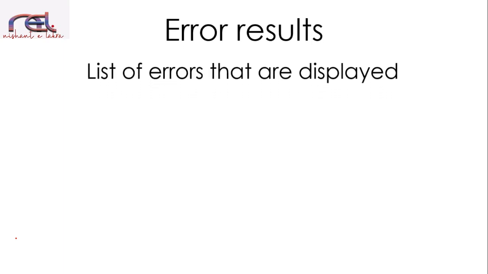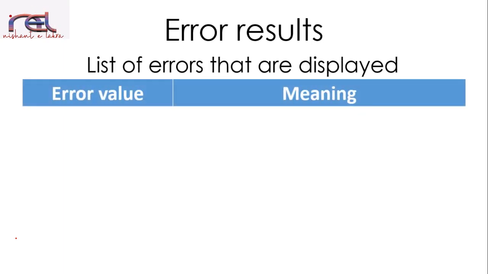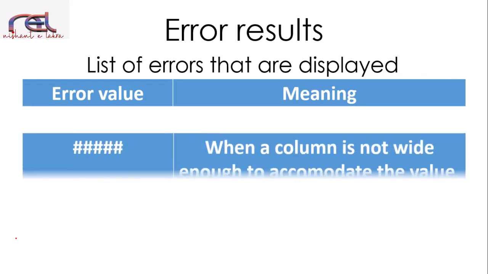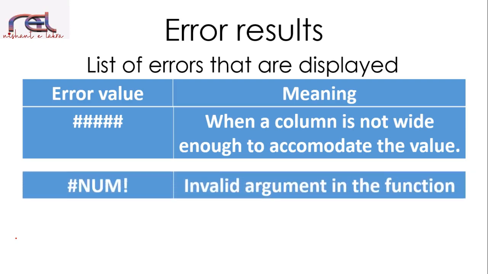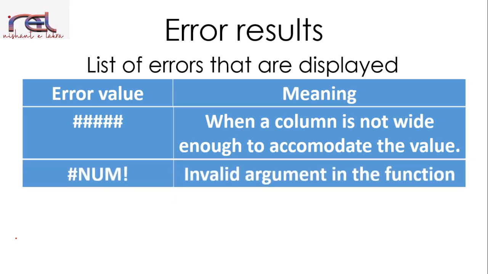Let's see some more error values in Excel. The next one is five hashtags, #####. Five hashtags represent when a column is not wide enough to accommodate the value. If you're entering a set of numbers but the column is not wide enough, then you will have this error. Then we have #NUM!, invalid argument in the function.